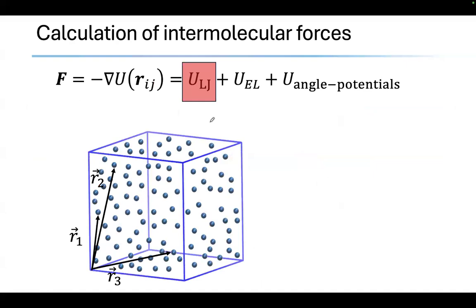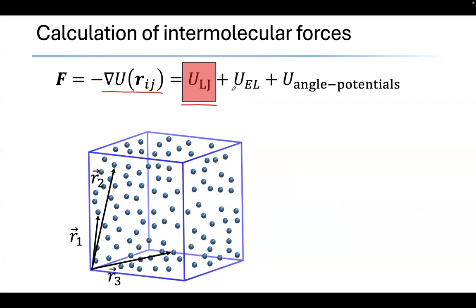Now, for the calculation of the forces between the molecules, the force is, like I said, a negative gradient of the total potential energy. And the total potential energy can come from many different kinds of potentials. One commonly used potential is the Lennard-Jones potential.